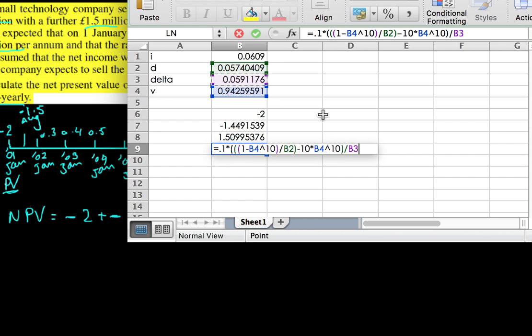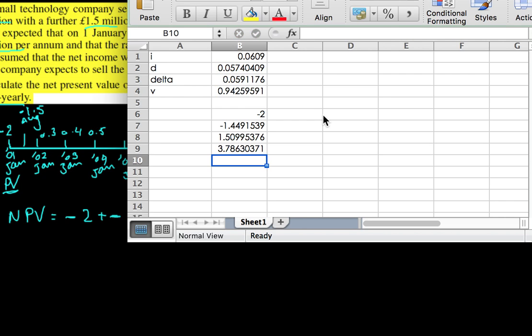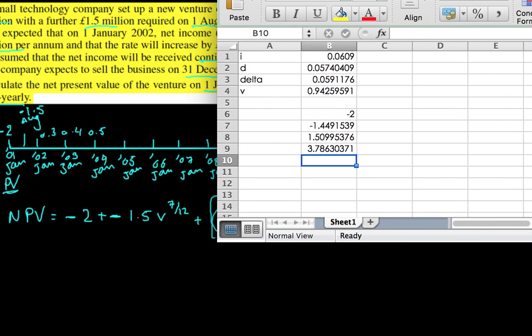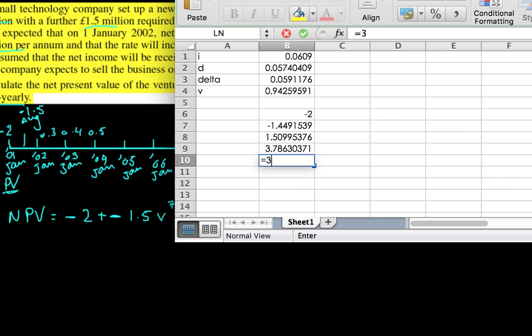I can't remember how many brackets I've put in, but that might be it. I'll just put it like that. And there we have it. And lastly, we've now got £3 million, which was going back 11 years. So we have 3 million times v to the power of 11.